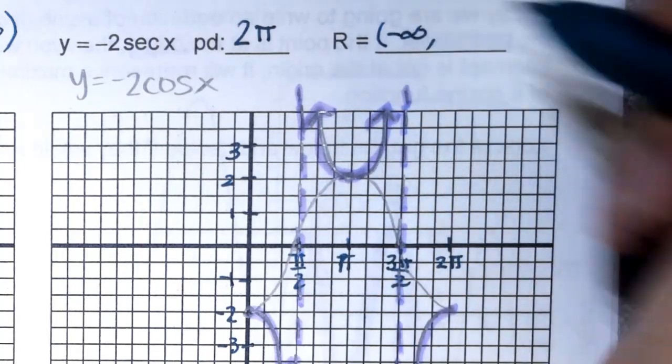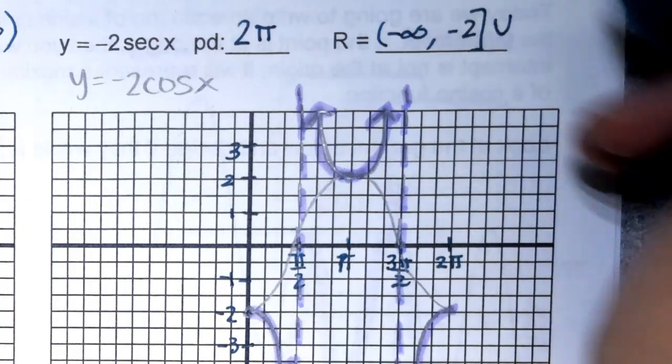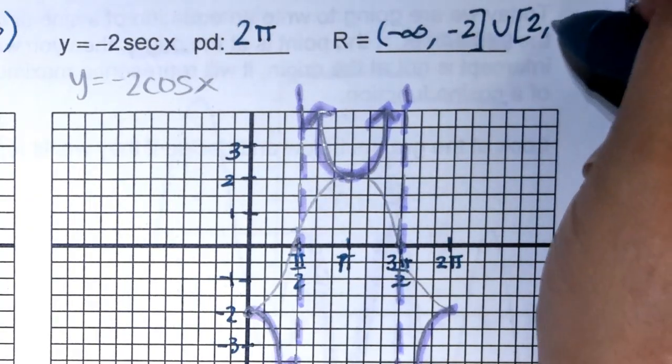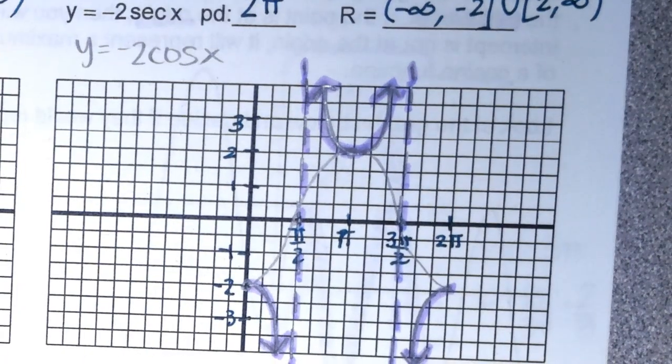Negative infinity to negative 2, bracket, union with bracket 2 to positive infinity. What questions can I answer? We're okay?